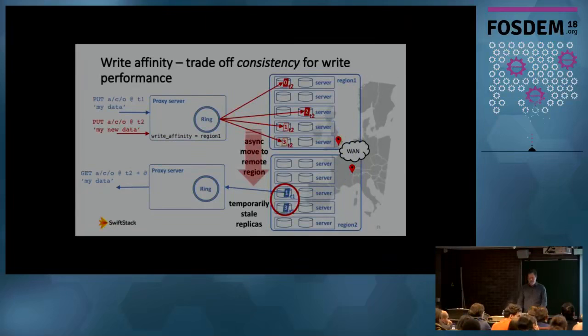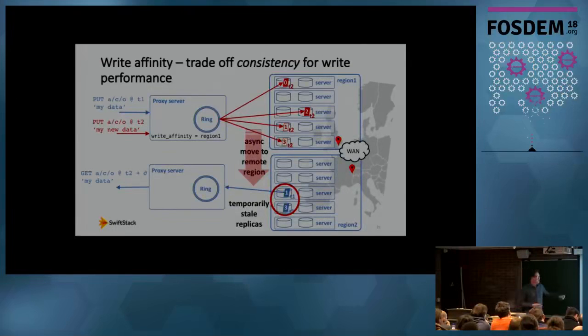And of course, I probably don't need to repeat this, but we're also trading off consistency for write performance. Again, my example of an overwrite: the first write at T1, in the background, Swift has relocated all of the replicas to their correct locations. So we have 2 replicas of the object at T1 in the second region.